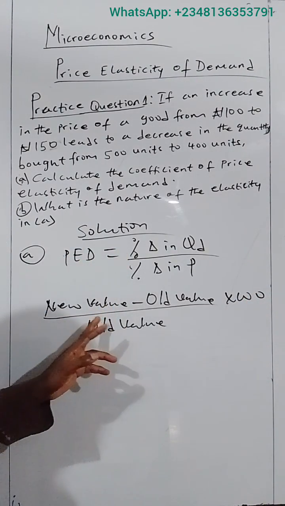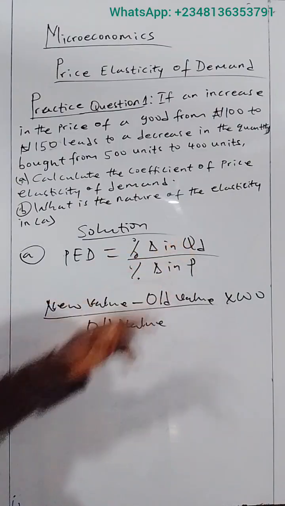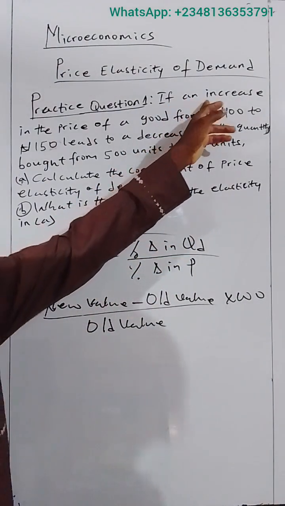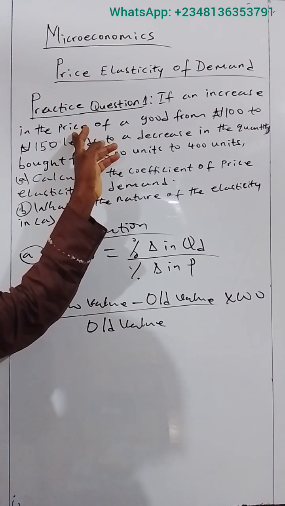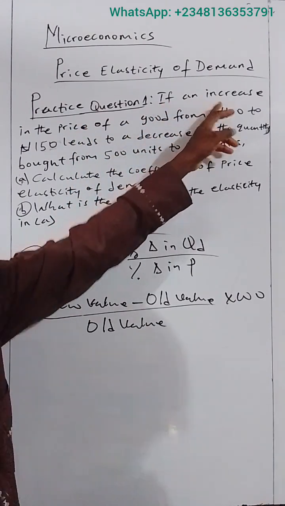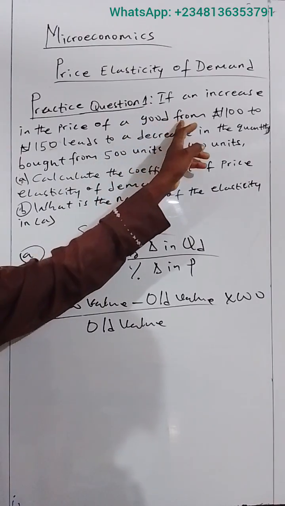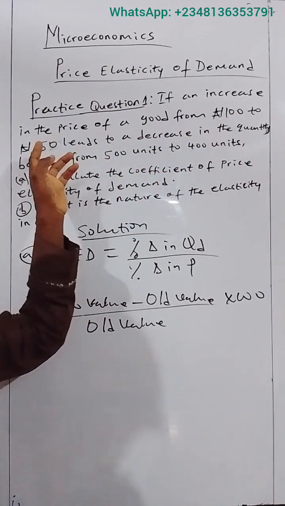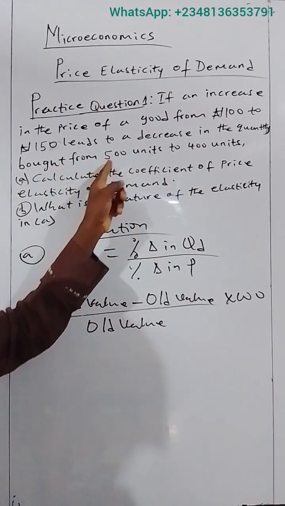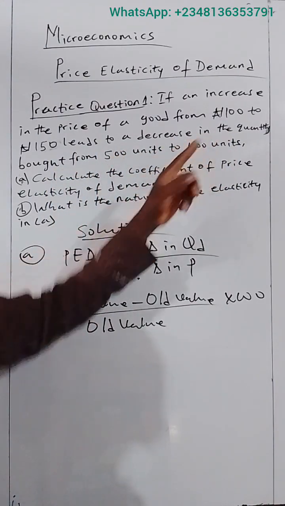Relating this general formula to the question, we are told that an increase in the price of a good from 100 naira to 150 naira leads to a decrease in the quantity bought from 500 units to 400 units.